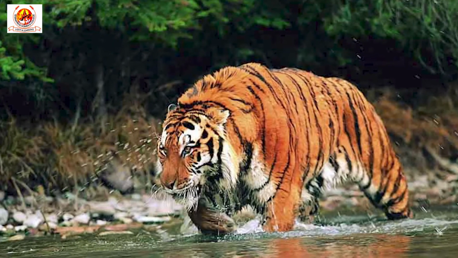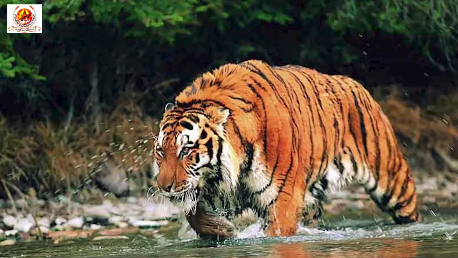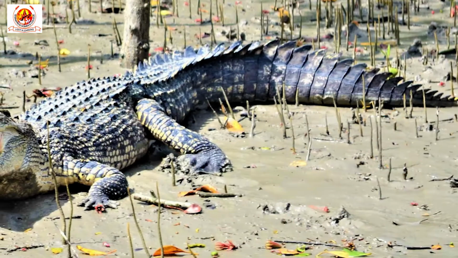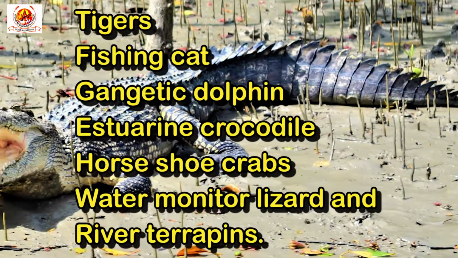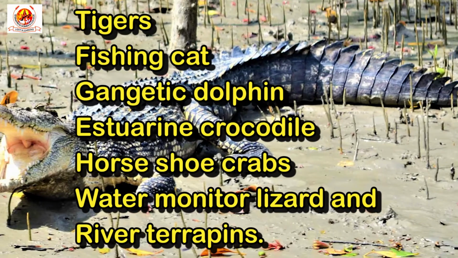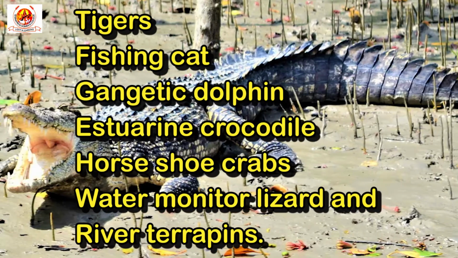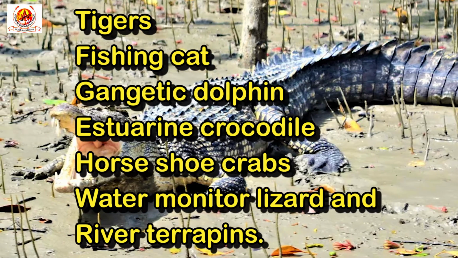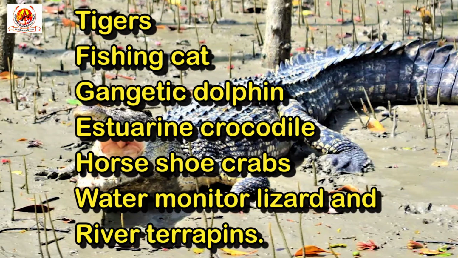Sundarbans in India and Bangladesh put together is the largest mangrove forest in the world, and it is also the only mangrove colonized with Royal Bengal tigers in the world. Sundarbans supports globally threatened species such as tigers, fishing cat, Gangetic dolphin, estuarine crocodiles, horseshoe crab, water monitor lizards, and river terrapins.